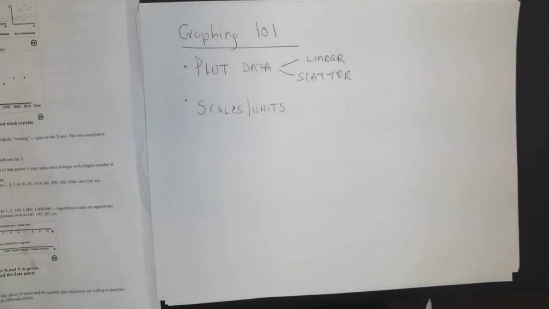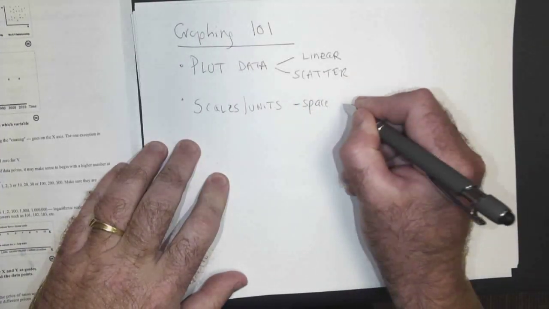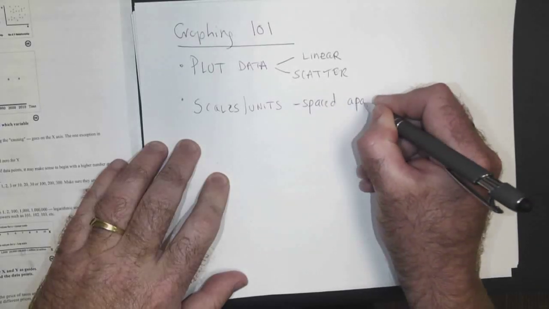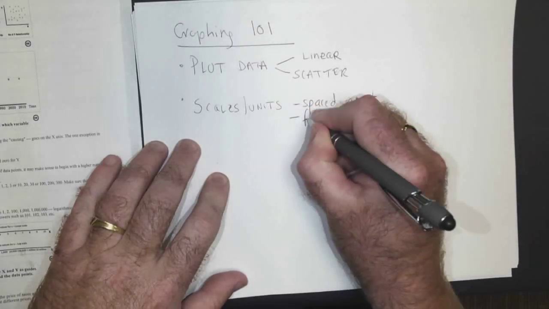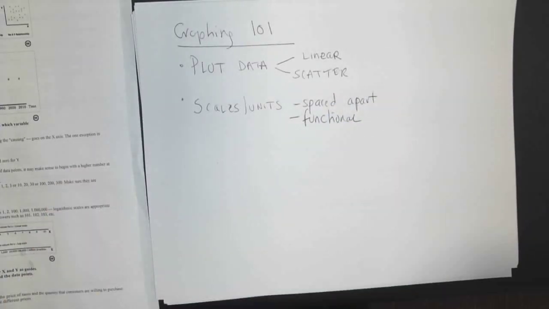My point is that you want to make sure that these numbers are accurately spaced apart and that they are going to allow your graph to be functional. Because if you try to include every single number on your graph, it is going to end up looking really hard to read and really overwhelming.